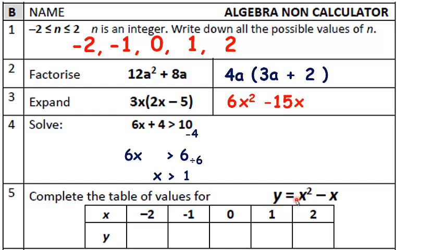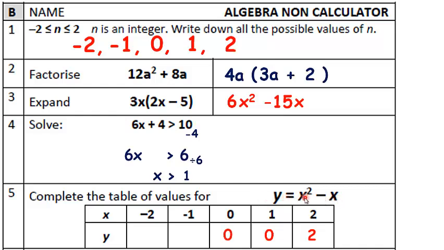We need to complete the table for x squared, take away x. If you really did study the one in sheet A, you should find this okay. So x squared: I'm going to square 2, which is 4, take away 2, which is 2. 1 squared is 1, take away 1, which is 0. 0 squared is 0, take away 0 is 0.